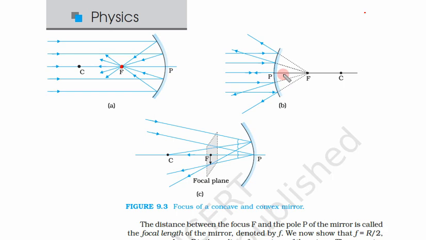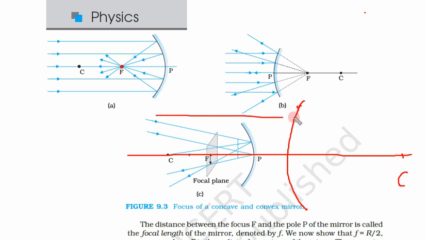Now in case of this convex mirror, let me again zoom this figure. This is our convex mirror, this is our principal axis, this is the center of curvature. The first beam is coming at this point and the second ray is coming at this point.